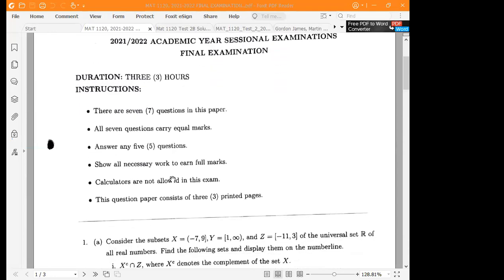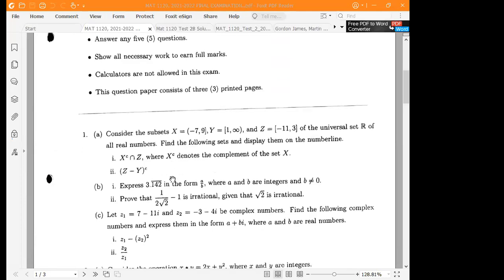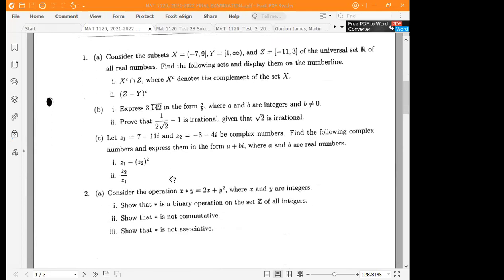So I have a question. When did you solve the entire paper? In question 1 of the test that day.